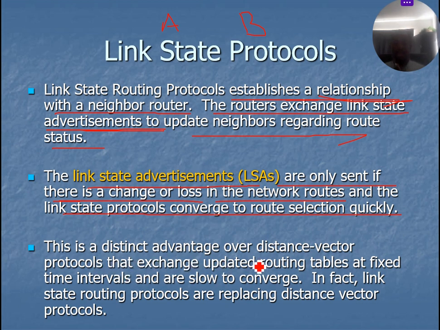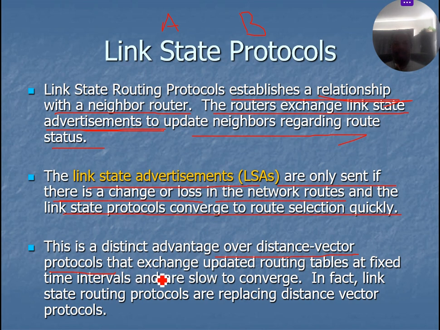Now this is a distinct advantage that link state has over the distance vector protocol. This is a distinct advantage, the ability to establish a relationship with a neighbor and also exchange link state advertisements with the neighbors, and then set up a route path. Okay, so this is the advantage that link state has over a distance vector routing protocol.